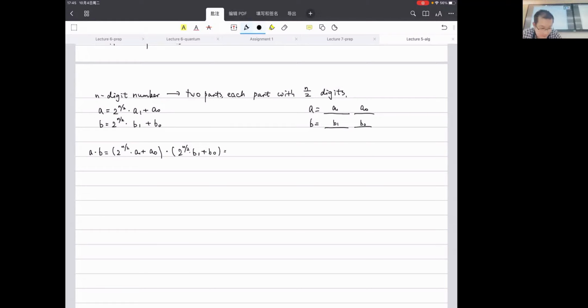We can make a rearrangement here, so this is going to equal 2^n times a1 b1 plus 2^(n/2) times (a1 b0 plus a0 b1) plus a0 b0. I guess this should be clear.